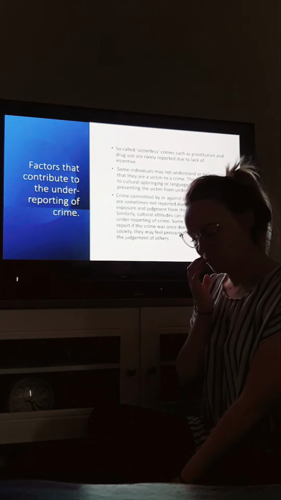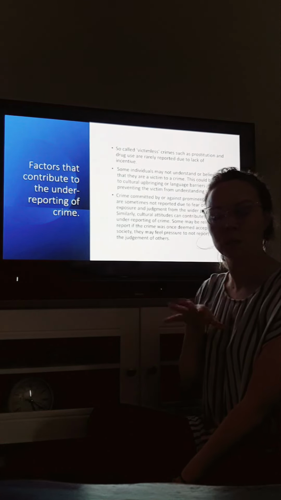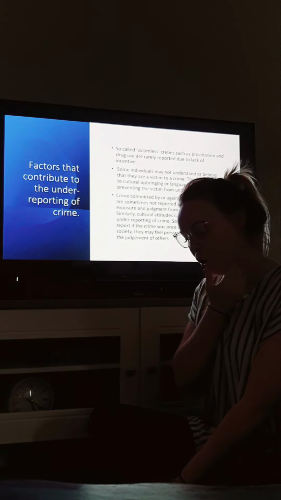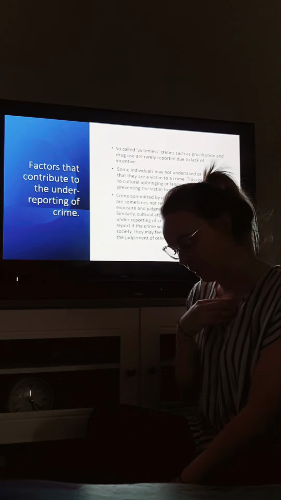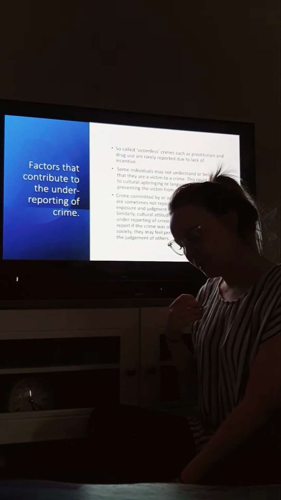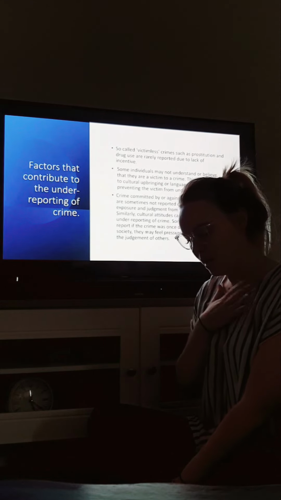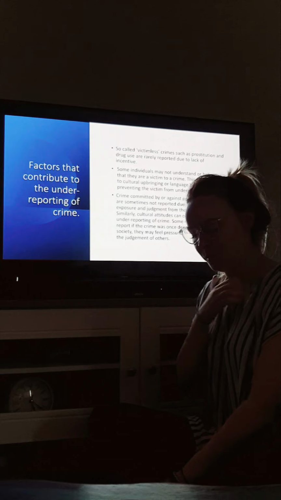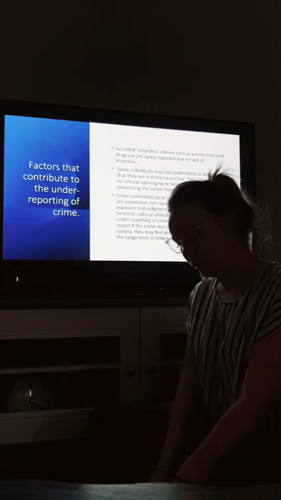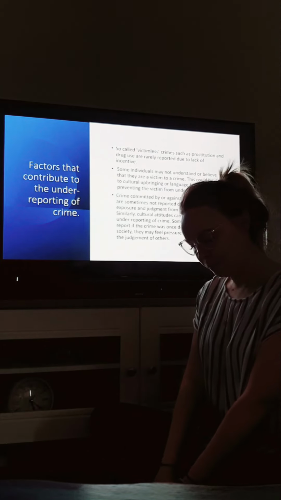Also, language barriers may prevent a victim from understanding British law or understanding that a crime has taken place. Crimes committed by or against prominent figures such as a celebrity or a politician are sometimes not reported due to fear of media backlash, media exposure and judgment from the wider public.